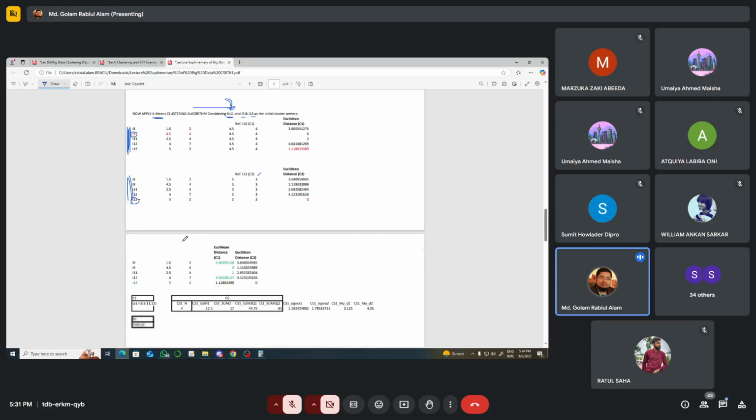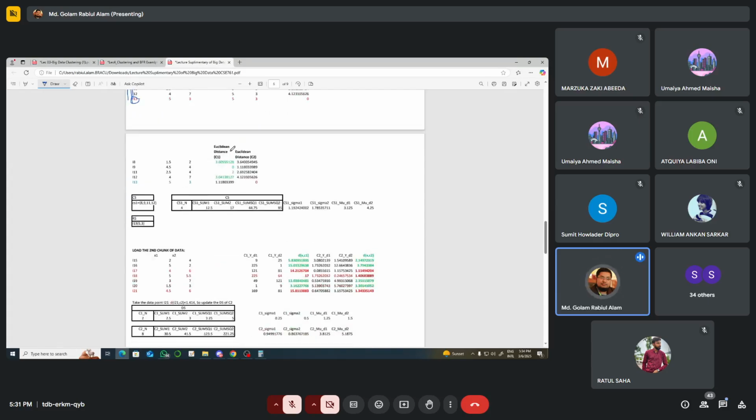These are the distances, the Euclidean distance. Now based on this, we may have to do many iterations, but I have just considered that I get the solution after the first iteration. Practically we have to do many iterations.